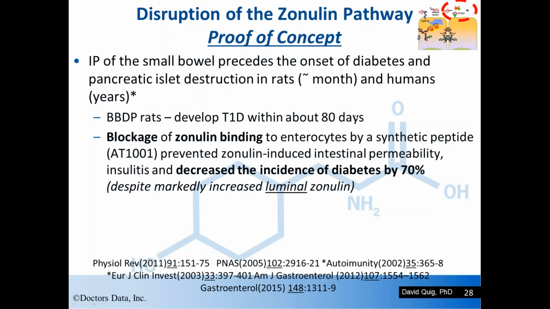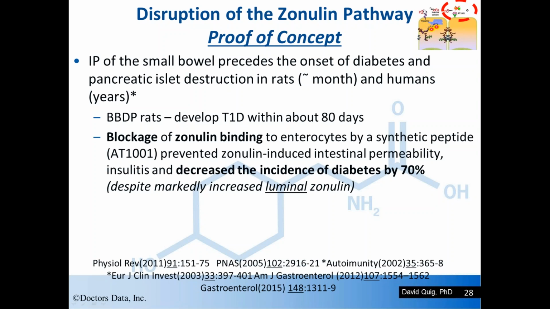And when they administered this agent, this synthetic peptide, it caused blockage of the zonulin binding to the enterocytes and prevented the zonulin-induced intestinal permeability, insulitis, and decreased the incidence of diabetes in these genetically prone rats by 70%, despite markedly increased levels of luminal zonulin.